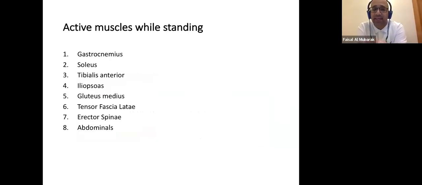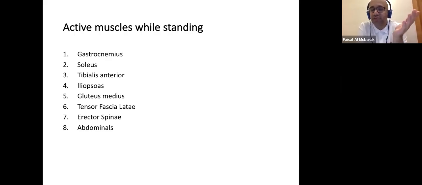Okay. Here are some muscles that are actively working when a person is standing. This is very good information to know, because sometimes having weakness in one of these muscles can affect your patient's support. But are these the only muscles working when a patient is standing?